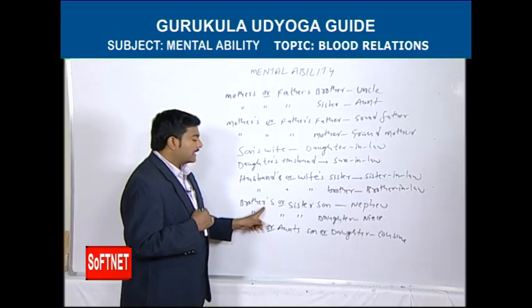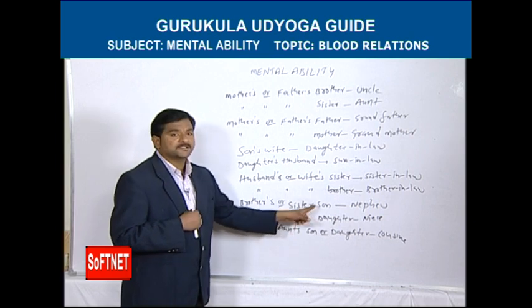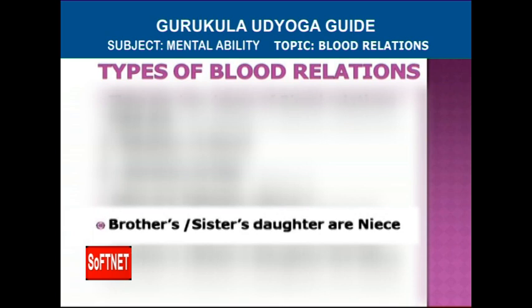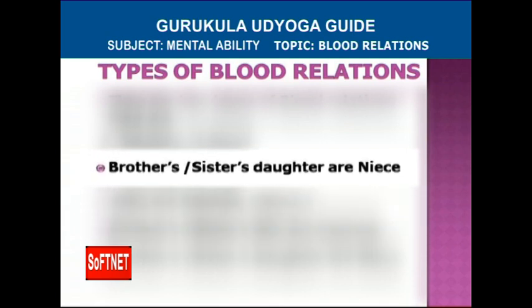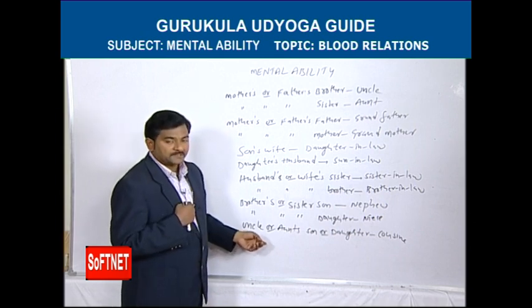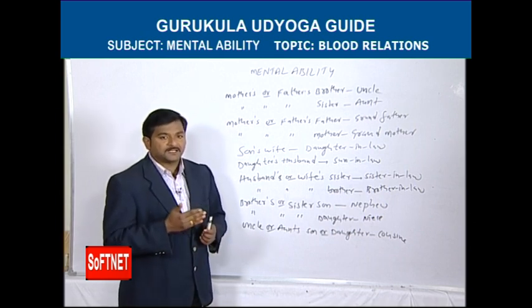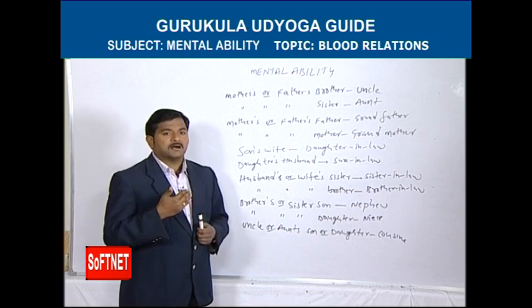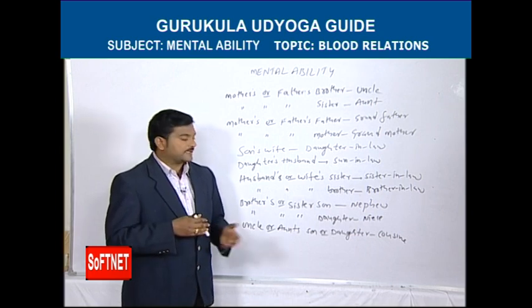I repeat, my brother's or my sister's son, so obviously nephew, or my brother's or my sister's daughter, so we can call it as niece. And finally my uncle's or my aunt's son or daughter, so I can call it as cousin.